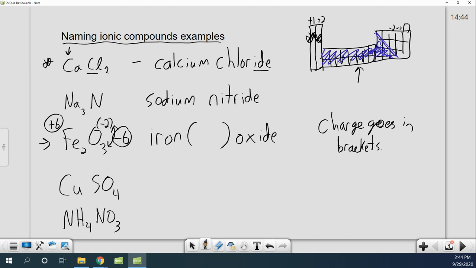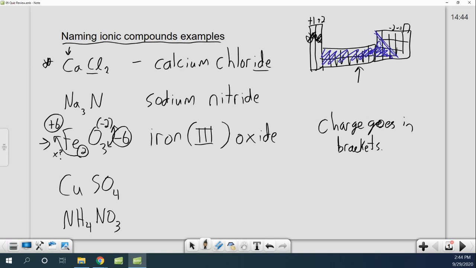Now, this doesn't necessarily mean that iron is +6 because I have 2 of them. So I have 2 sets of something to give me a total charge of 6. So 2 times what gives me 6? Well, 3. So iron has a charge of 3.